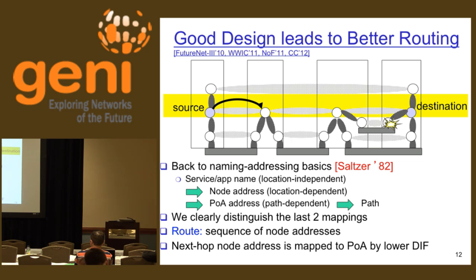You are floating on top of lower networks or lower layer providers, okay? There is no BGP, for instance. You can just use link state routing within each DIF layer, okay? You just have to decide which lower layer providers or DIF to use. So there's no BGP, no instability that comes with BGP, and mess that comes with BGP.